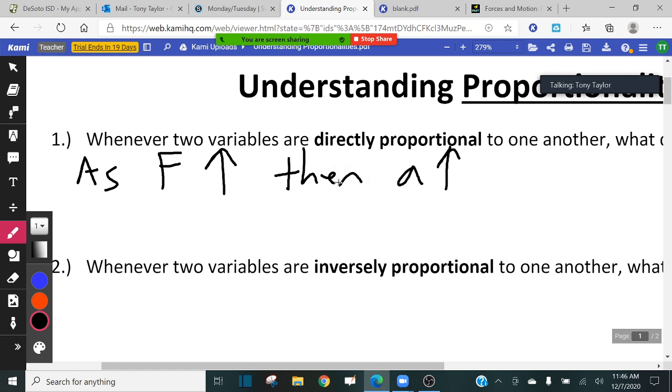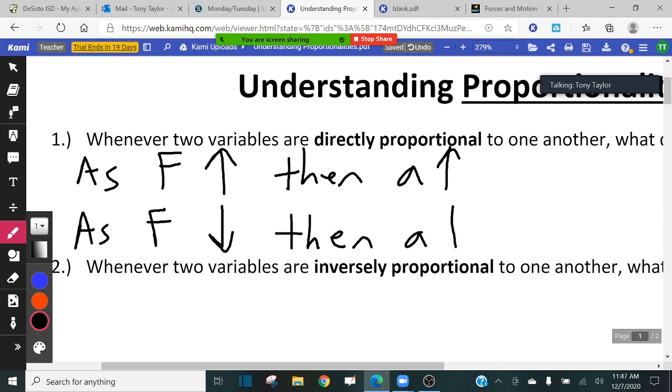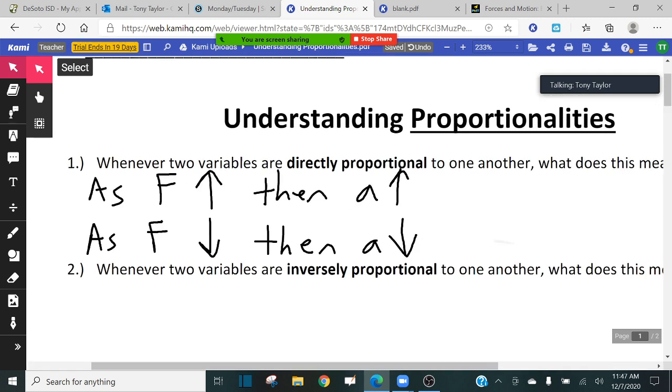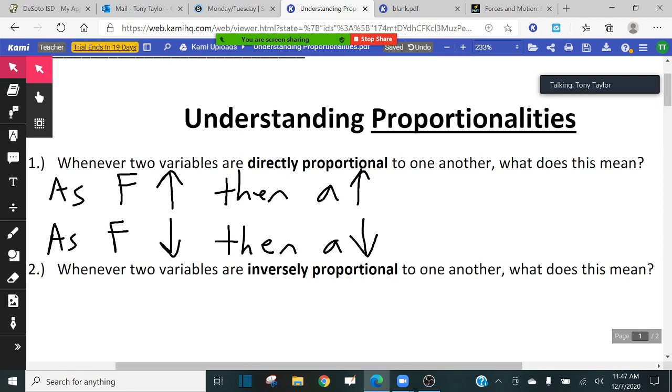So as force increases, an object's acceleration increases. As force decreases, then the object's acceleration decreases. This is what is known as a direct proportionality. Whenever two variables are directly proportional, as one goes up, the other goes up. As one goes down, the other goes down. That's what I need you to write down. That's what we mean when we say two variables are directly proportional.